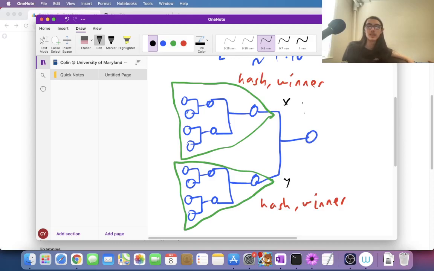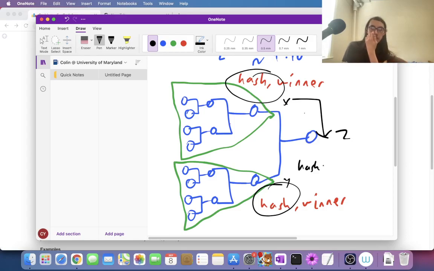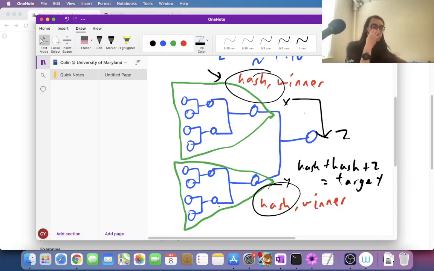Then suppose X wins the whole tournament, we just need to find a pair of hashes that combined with whatever hash Z you get from here is equal to the target hash. So you can look at all the possible results from one side, and match them to a result that works from the other side. If there's no match, then there's no result that works.